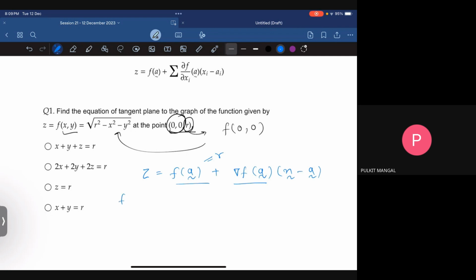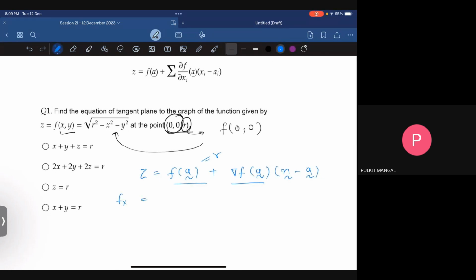The gradient is basically fx and fy, the partial derivative with respect to x and the partial derivative with respect to y. For the partial derivative with respect to x, my function given is r square minus x square minus y square. Now if I want to find the partial derivative with respect to x, what would be the partial derivative for this function? Can anybody tell me?